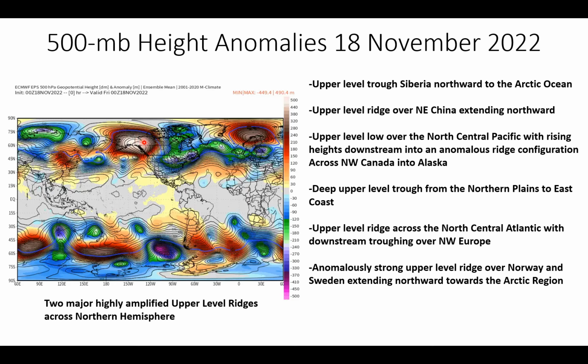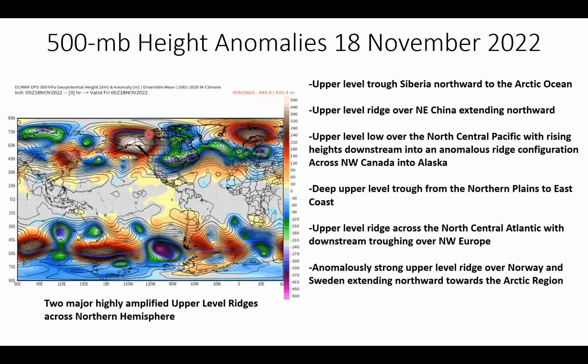And this is this huge upper level high, this closed high, which is situated there along the southeastern Alaska, northwestern Canada coastline. The center of this upper level high, some astounding pressure levels for sure up into Alaska this week, including some record-breaking 500 millibar heights also for the month of November up into Alaska this week.